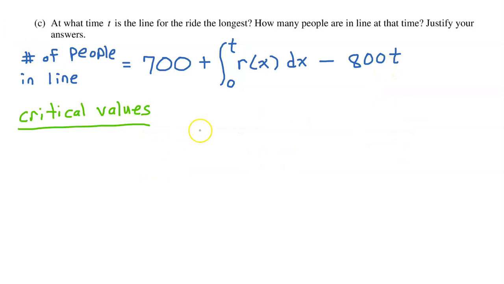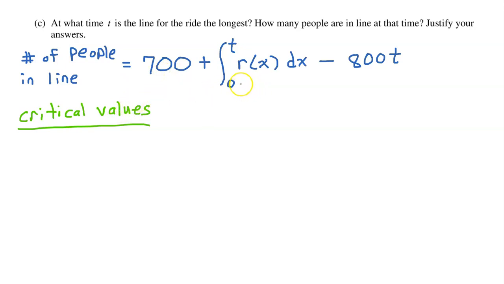To make a candidates test, we need the critical values, and we get the critical values by setting the derivative equal to 0. So how do I take the derivative of this whole function? Well, the derivative of 700 is 0.